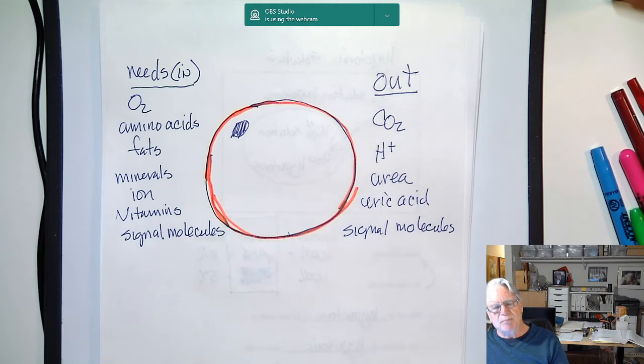Now, this is basically a management problem. 100 trillion cells, all of them demanding certain things and all of them needing certain things. How do you manage that problem? And one of the things that I like to say about nature is that it is lazy. It's going to try to find the most efficient, least energy intensive solution to a problem.